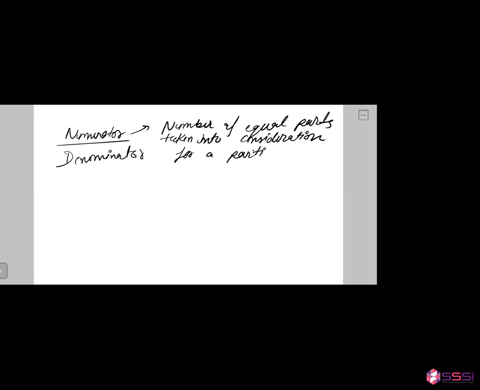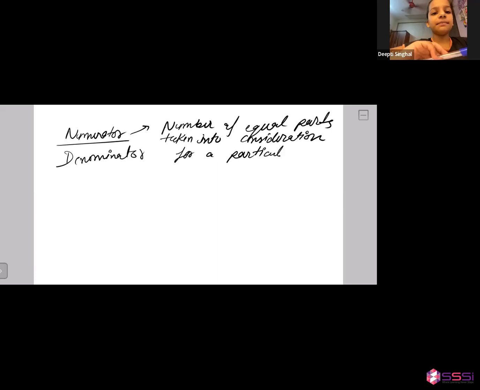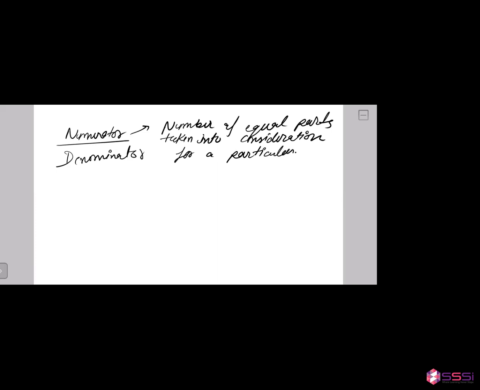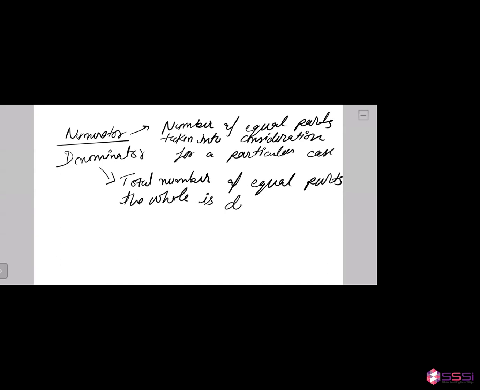You understand the meaning of these now? Yes, ma'am. Nobody is going to ask the definition of numerator; I'm just writing it for a particular case. What is the denominator? We can say the total number of equal parts the whole is divided into. Okay, ma'am.